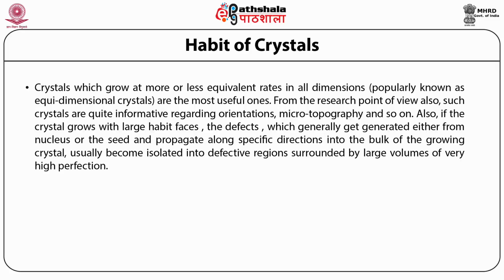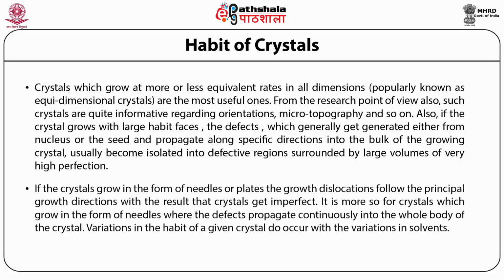Also, if the crystal grows with large habit phases, the defects which generally get generated either from the nucleus or the seed and propagate along specific directions into the bulk of the growing crystal usually become isolated into defective regions surrounded by large volumes of very high perfection.